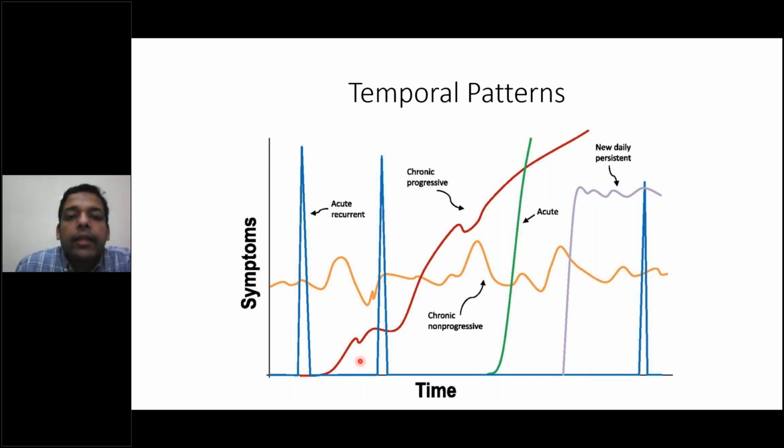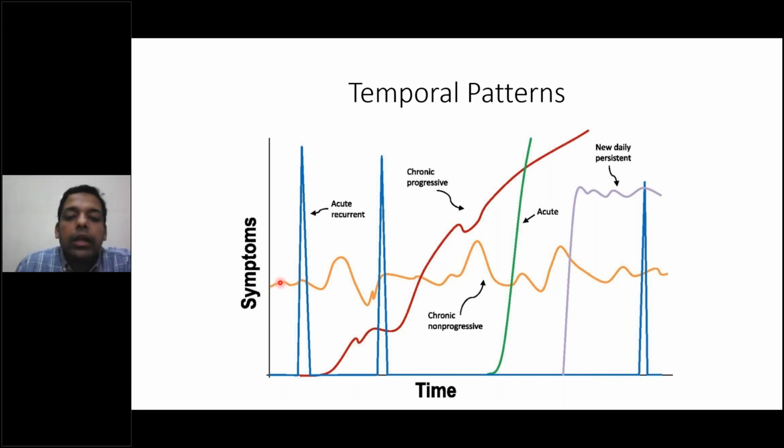Then the chronic headache, it may be chronic gradually, it may have an onset, and then the frequency and the intensity of the symptoms gradually increase. That is the red line. This is the chronic progressive headache.